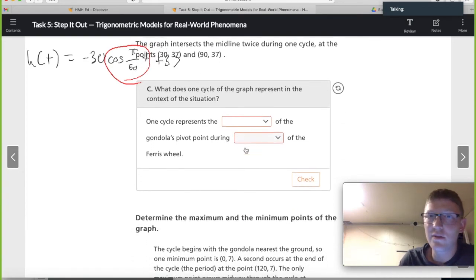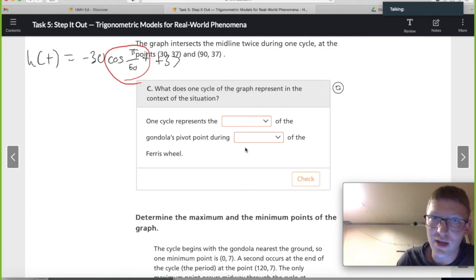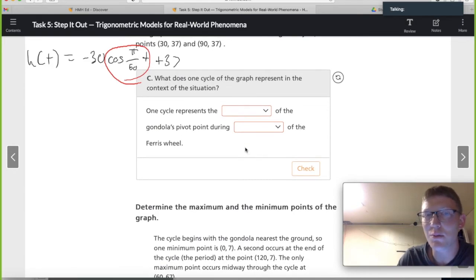Anyway, so what does one cycle of the graph represent in the context of the situation? This is an important part to understand: okay, we can do all this math, we can find the answer, but what does the answer actually mean? So this is a good question.